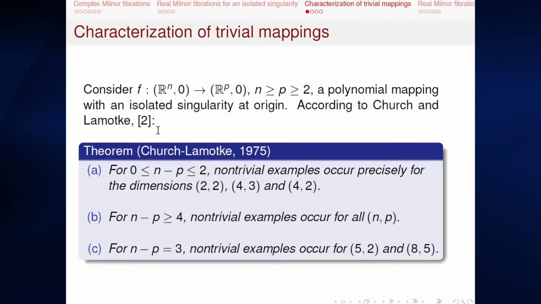Church and Lamotke answered Milnor's question in the following way. Note that they don't answer the question for dimensions 6 and 3.